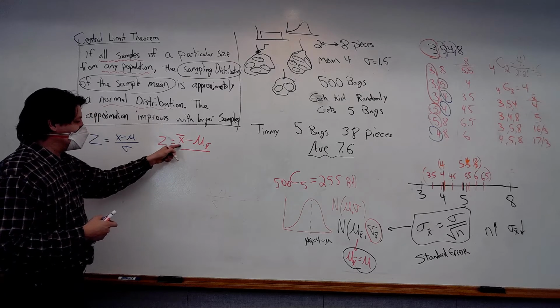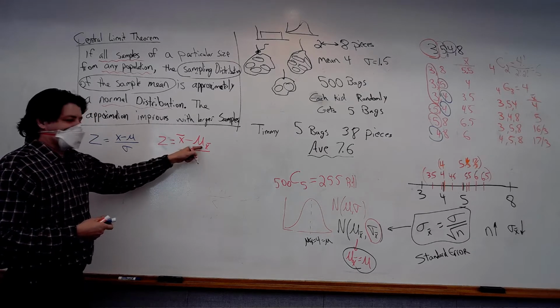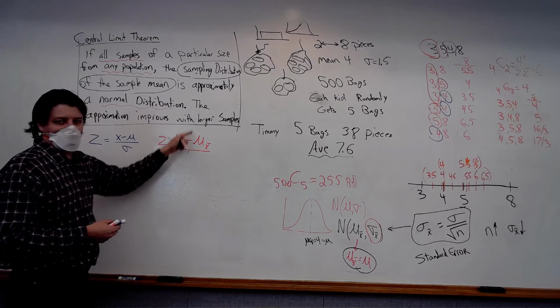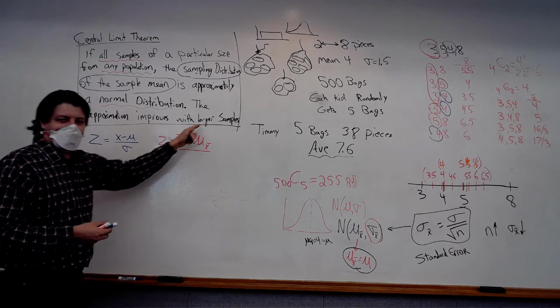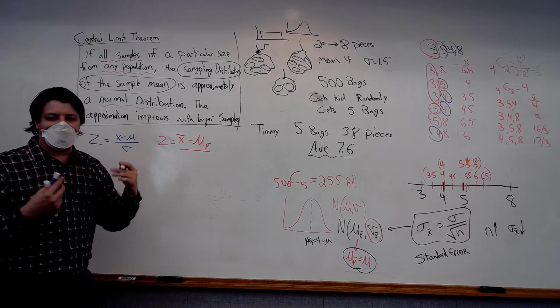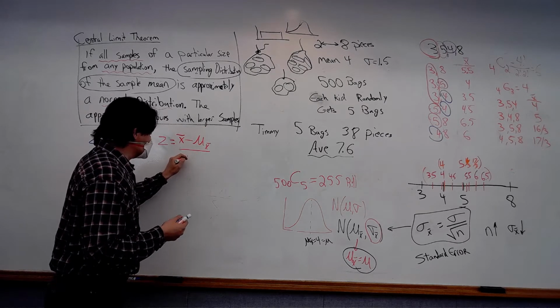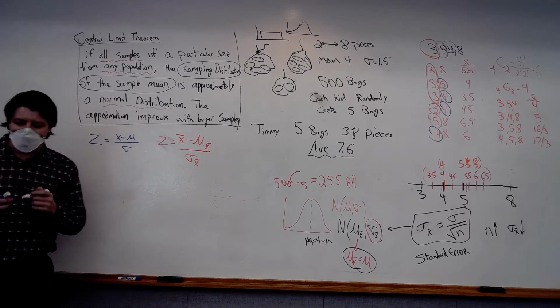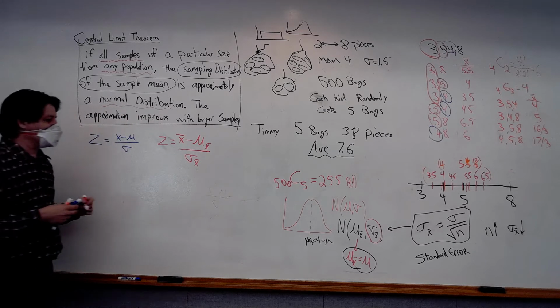Same thing here. You're a certain distance away from the mean, the mean of that population. You took a sample mean, and there's an error there. Let's put it in terms of standard deviation, but we're putting it in terms of the standard deviation of the sample means, or the standard error.